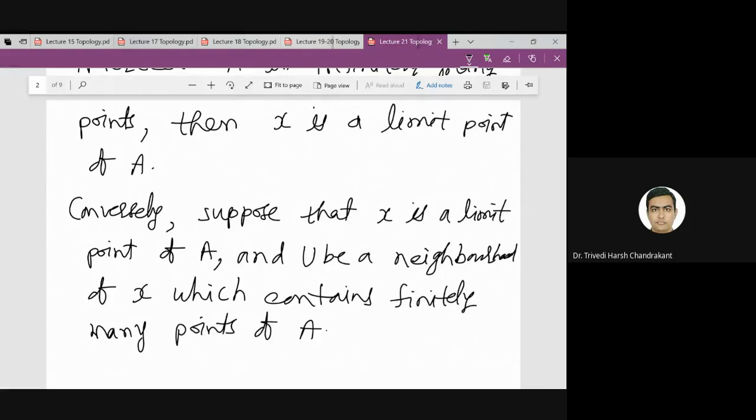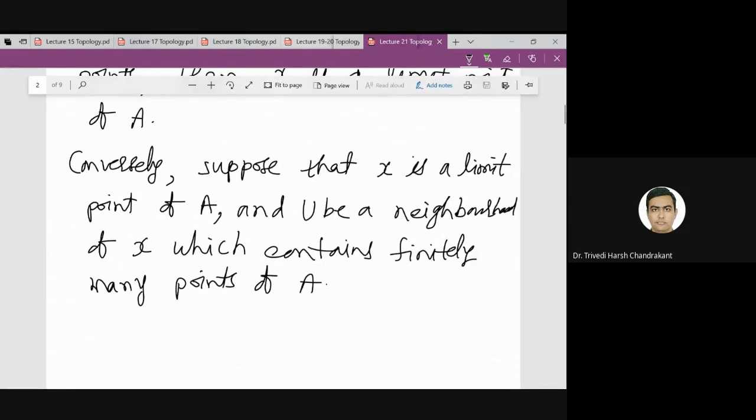It means that whenever I take U intersection A, then U intersection A is a finite set, right? Because U contains only finitely many points of A. Now in this U intersection A, it may happen that X belongs to U intersection A, or X may not belong to U intersection A, depending on whether X belongs to A or not.